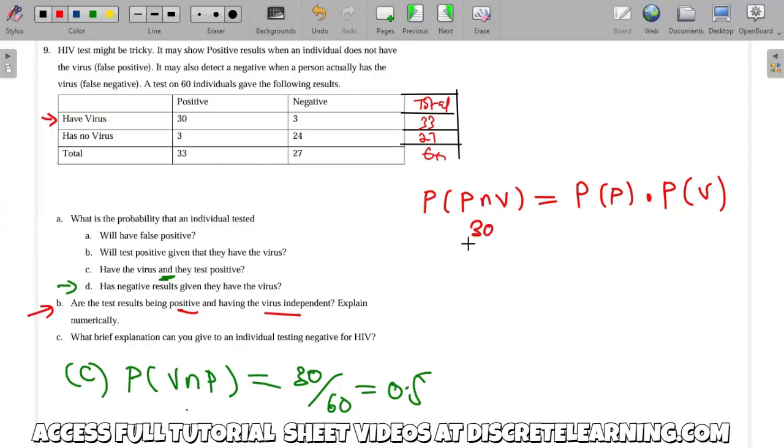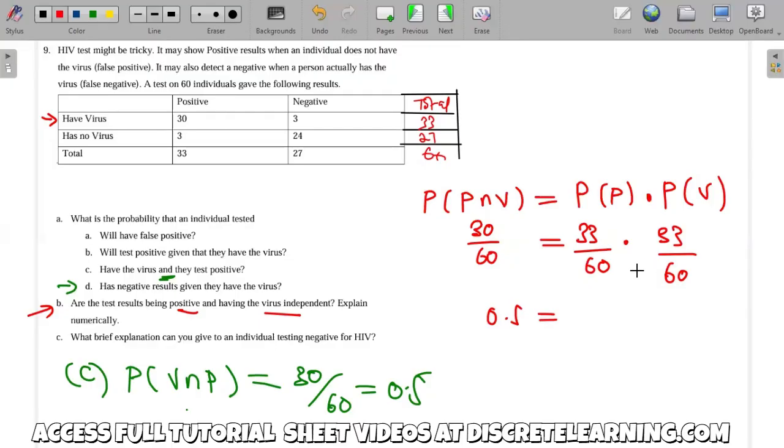So that is just 30 over 60, is equal to the probability of positive. Positive, the total is there, 33. So that would be 33 over 60 multiplied by virus, I have 33 again over 60. So is this the same? Definitely it's not. On my left, I have 30 divided by 60, which is 0.5. Then on my right, I have 33 divided by 60 multiplied by 33 divided by 60.